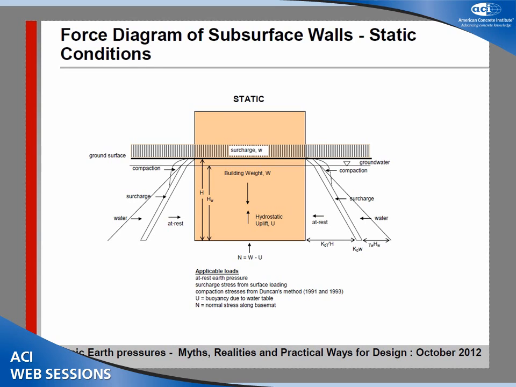That is what is happening. The ACI 350 actually allows you to use maybe the active soil pressure, but you then have to go into the process of proving that the walls are deflecting or deforming enough to warrant the use of active soil pressure.